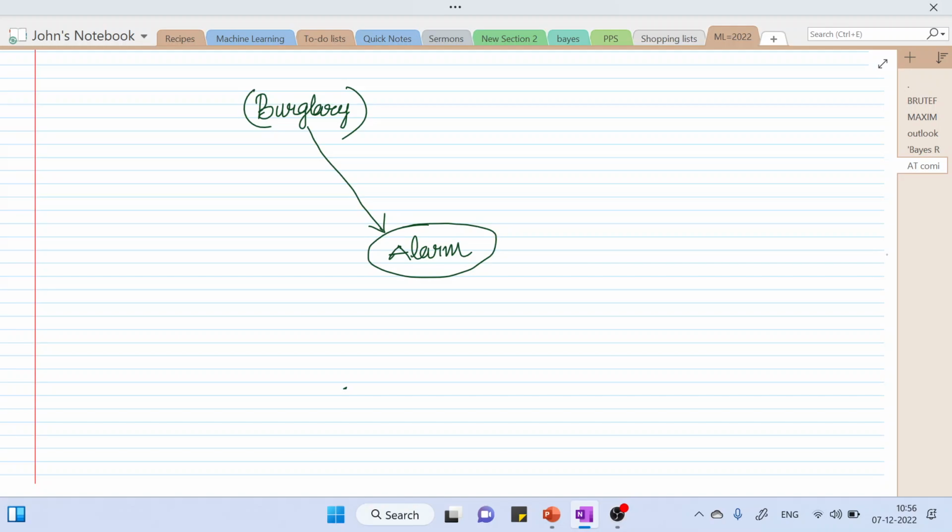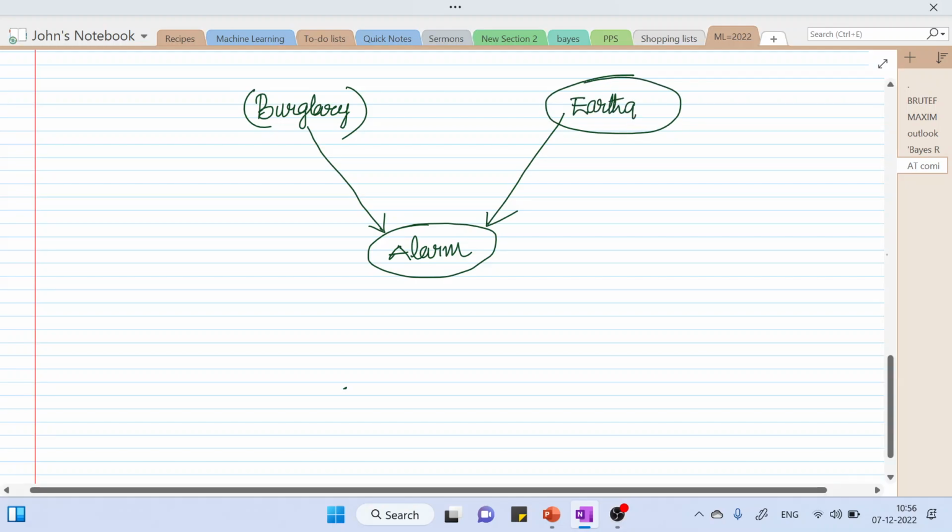And similarly, even if there is no burglary, if there is some mild earthquake, the alarm also goes off.